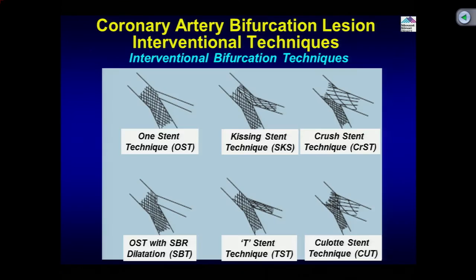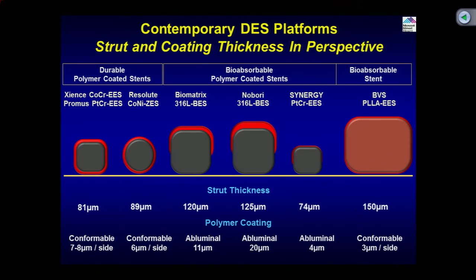Now, as you see there, clearly the usual technique, whether one-stent or two-stent techniques, which have been done with a metal DES, because we can cross over and do a crush, may not be applicable to the BVS technology. The usual crush and particularly culotte, where you are going to a double-layer stent, may not be possible because the strut thickness is 150 micron.